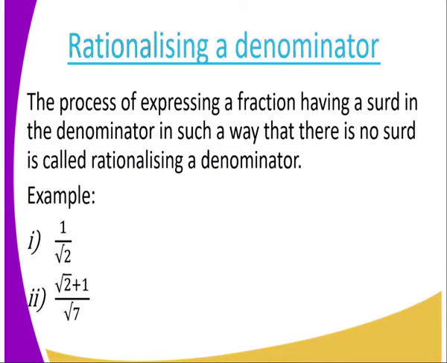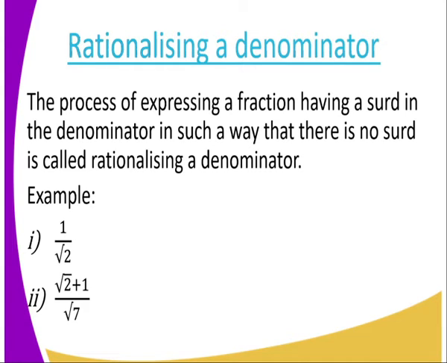So what are we going to get? We are going to get surd 2 as the numerator, because surd 2 times 1 is surd 2, and the denominator is surd 2 times surd 2. Remember we said surd 2 times surd 2 is 2. Already there is no surd in the denominator.